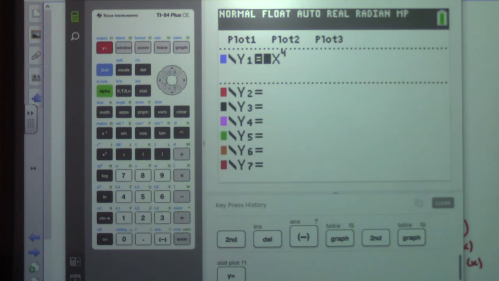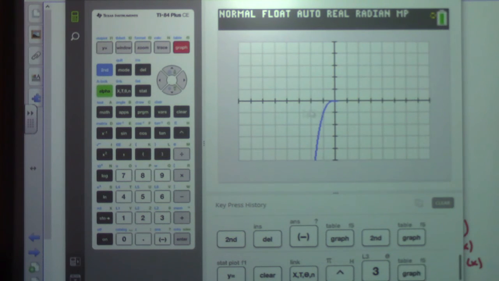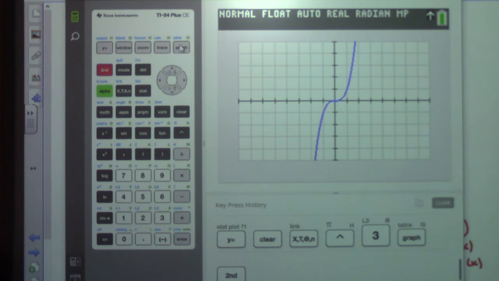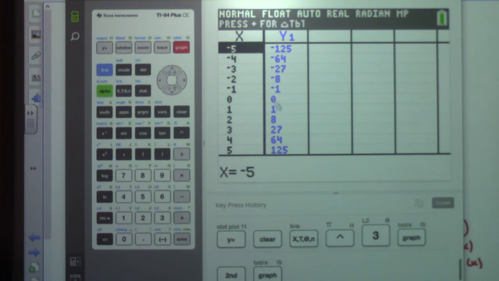So in a calculator, what it looks like is this. If we have x cubed and we graph f of x equals x cubed, that's what the graph looks like. We go to table view. This is what f of negative x equals negative f of x.